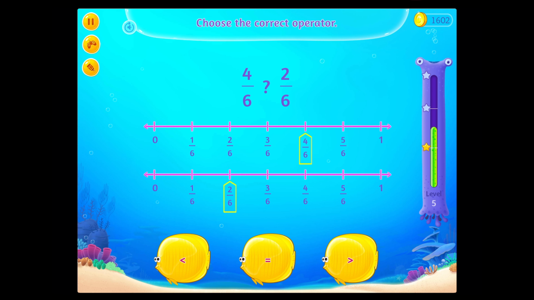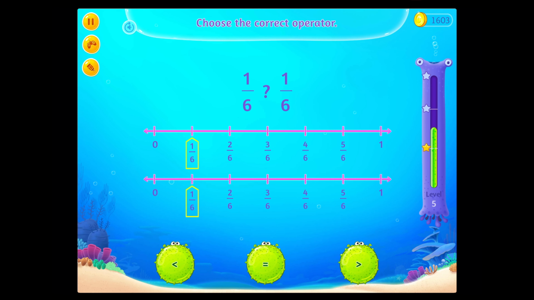Choose the correct operator. Congratulations! You've done it! Choose the correct operator. Good going!